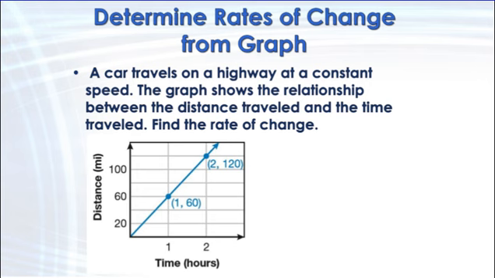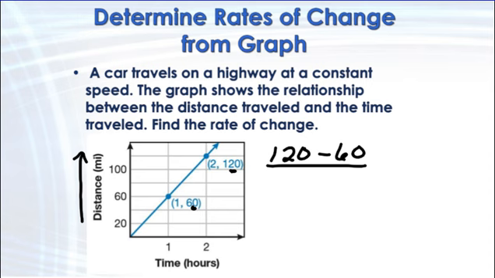And since our distance is our y-axis, I look at my two y coordinates. And so I'm going to take the change, so 120 minus 60, that's my change in my distance, over my change in my time, which would be 2 minus 1.